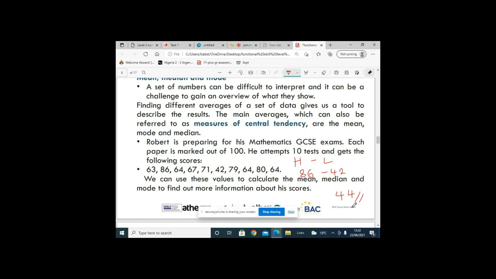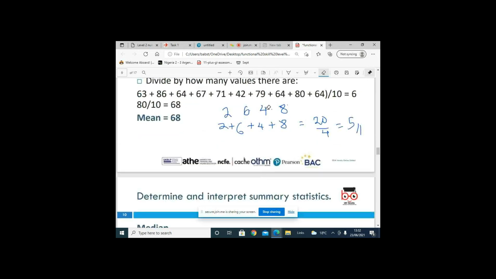You get it? The range is the difference between the highest and the lowest. If they give you a table and they ask you to find the range, it's also straightforward.